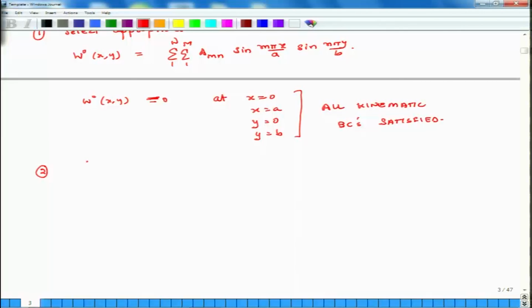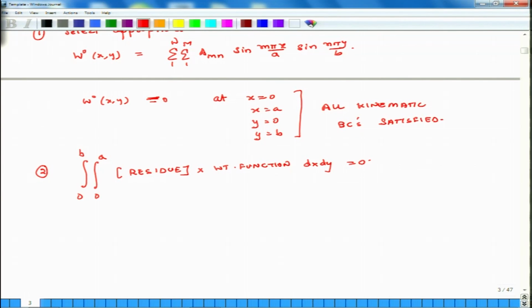So, the second step is I integrate the residue from 0 to a, 0 to b, and I just do not integrate the residue, I integrate it after applying some appropriate weight function. And I am integrating it over the domain and I set it to 0.